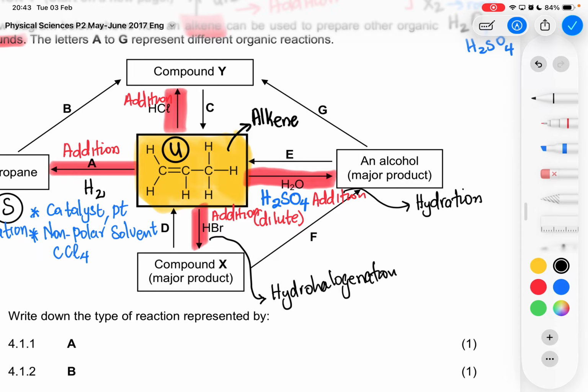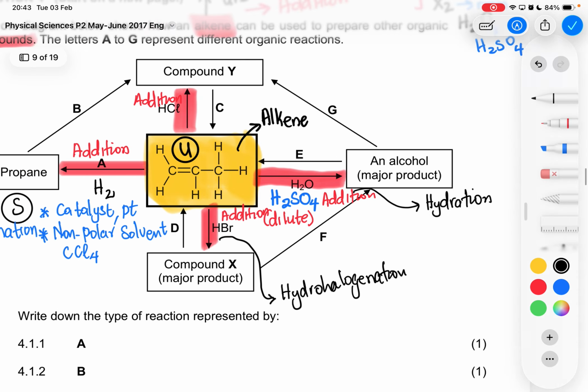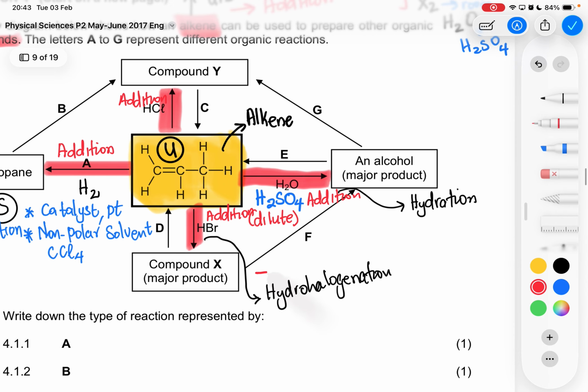Is it not the one where we say we don't want water here? No water present. No water must be present. Room temperature, it is the Br2, where you add the halogen.